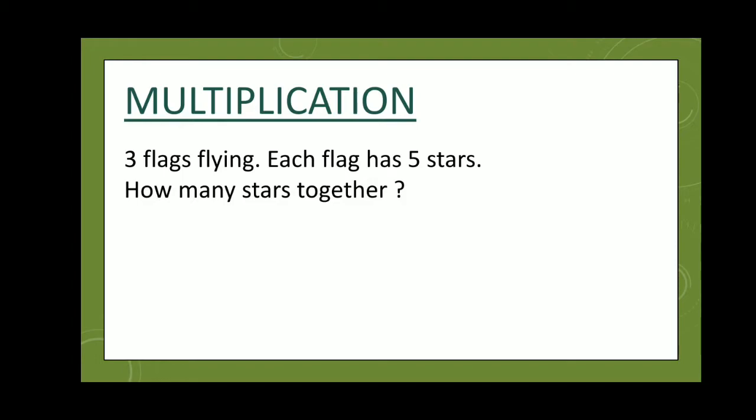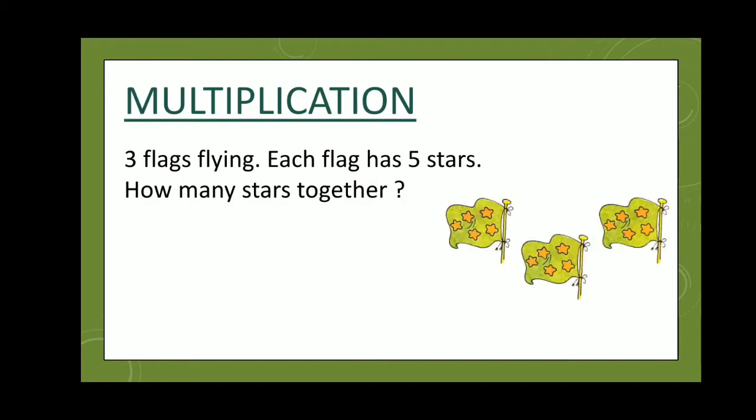Here you can see a word problem. Let's have a look at it. 3 flags flying. Each flag has 5 stars. How many stars together? In this question, it says there are 3 flags: 1, 2, 3.